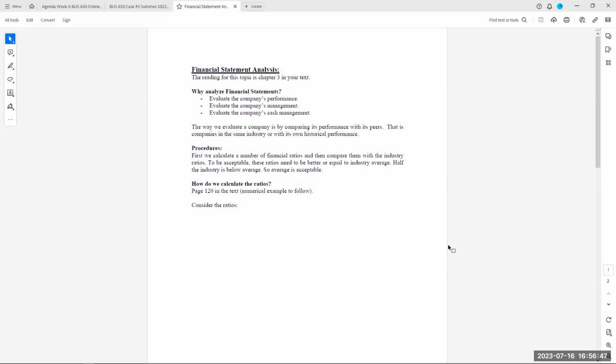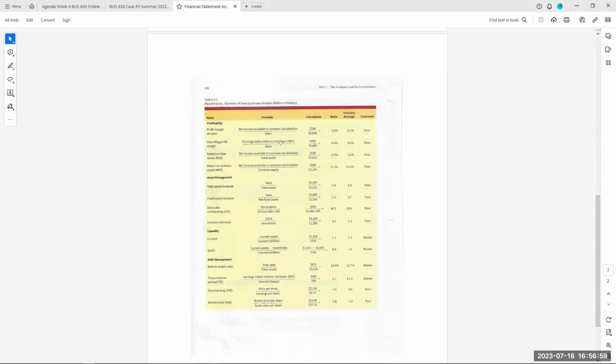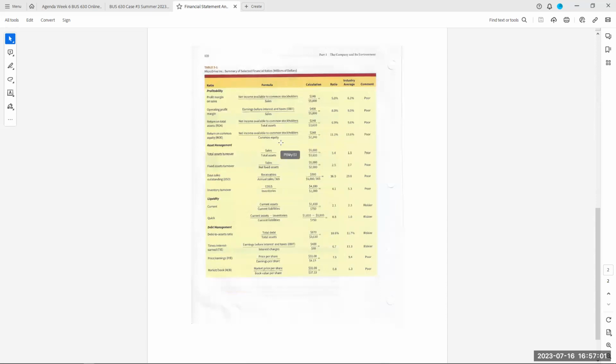In addition to that, and also in the case 3 file folder, I've given you financial statement analysis from chapter 3 of your text, the key parts of the analysis, and perhaps the most important, this section that gives the highlights of those sections I mentioned in the case: profitability, asset management, liquidity, and debt management.